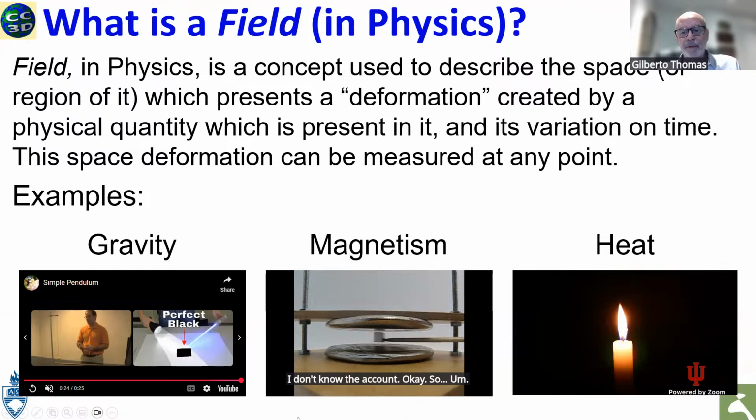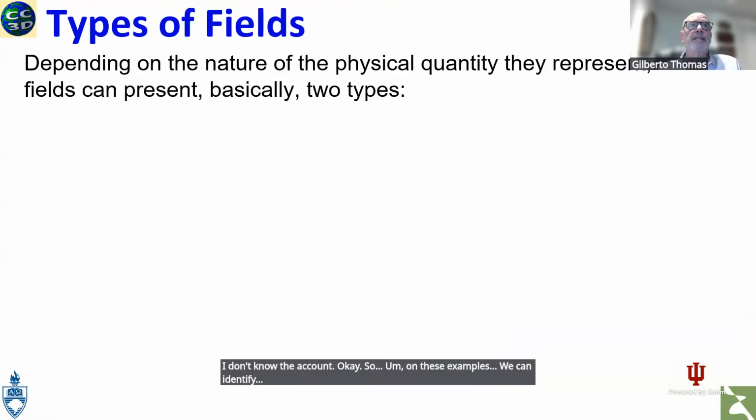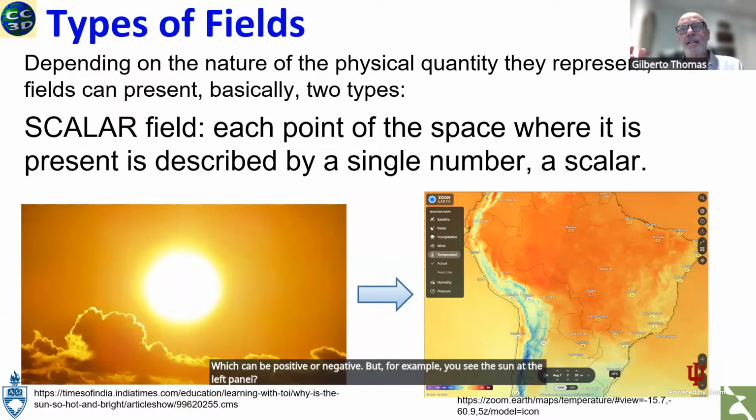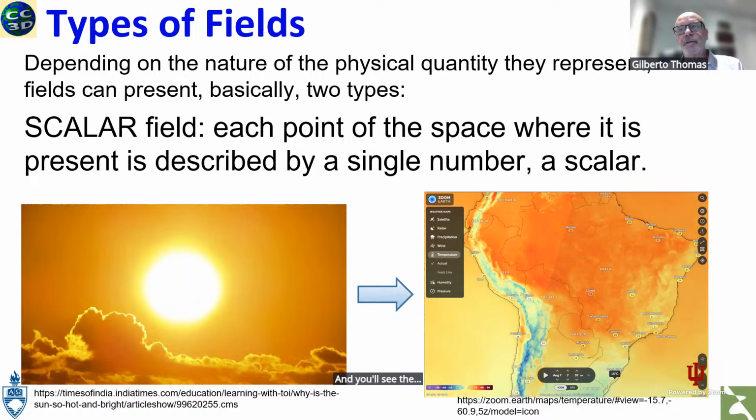From these examples, we can identify two kinds of fields. One is the scalar one. The scalar field is a field that attributes to each point of the space where it is present a single number, which can be positive or negative. For example, you see the sun at the left panel, and you see the temperature graph on the right panel.